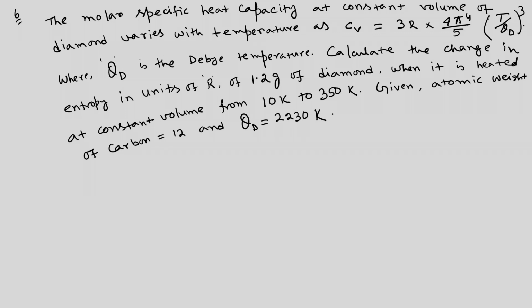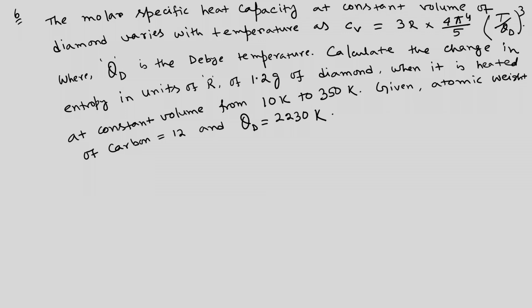very good problem. It says the molar specific heat capacity at constant volume of diamond varies with temperature as Cv equals 3R times 4 pi to the 4 by 5 times (T by theta d) cubed, where theta d is the Debye temperature.